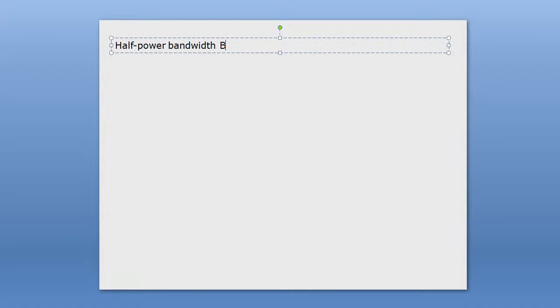You just denote it BHP. Any doubt regarding the resonance curve? Any confusion regarding the resonance curve? What about others?